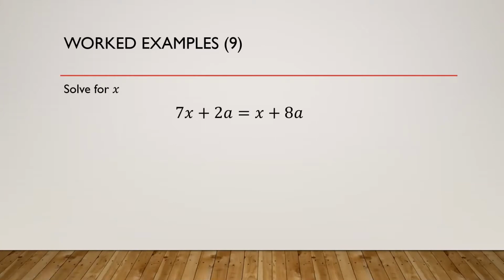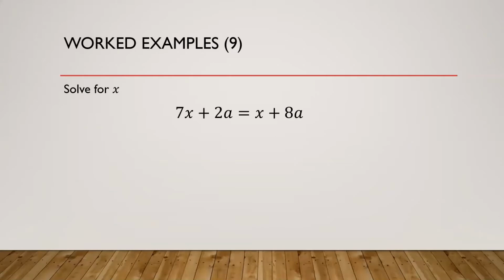Example number 9. Again, we solve for X. Now, if you notice, this equation has some numbers. It has X as a variable, but there also seems to be another variable there, which is A. But A is not the unknown variable.